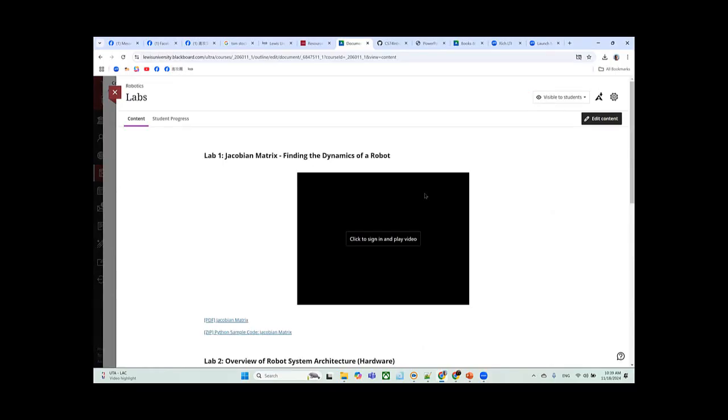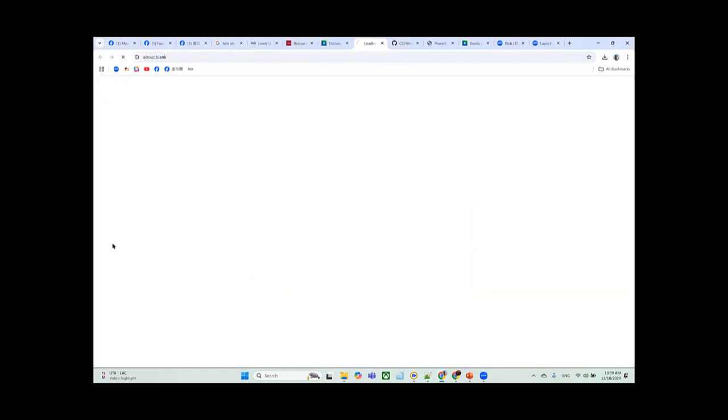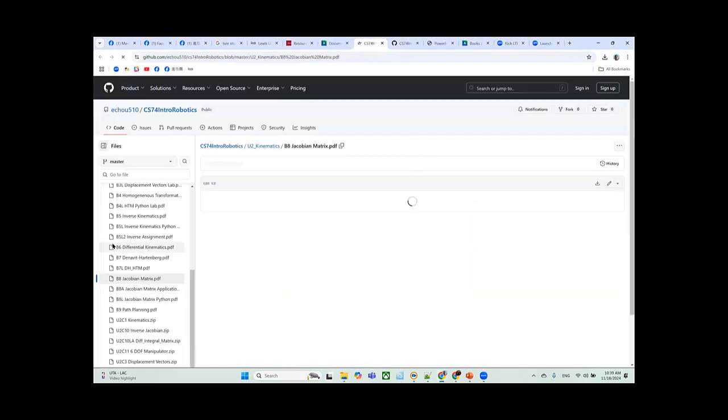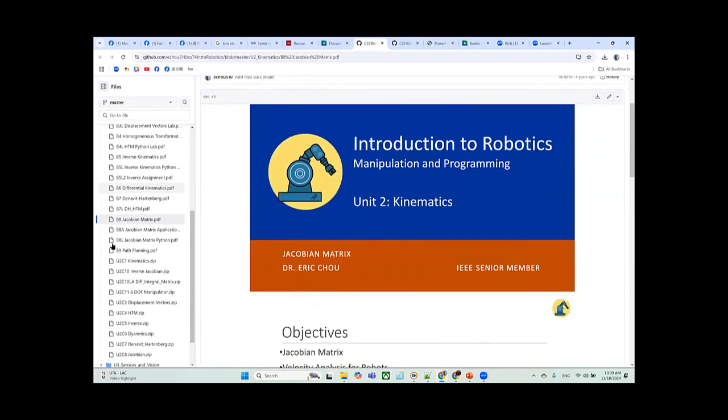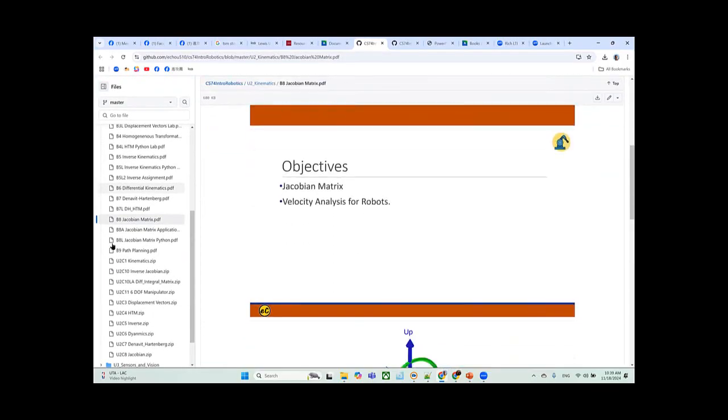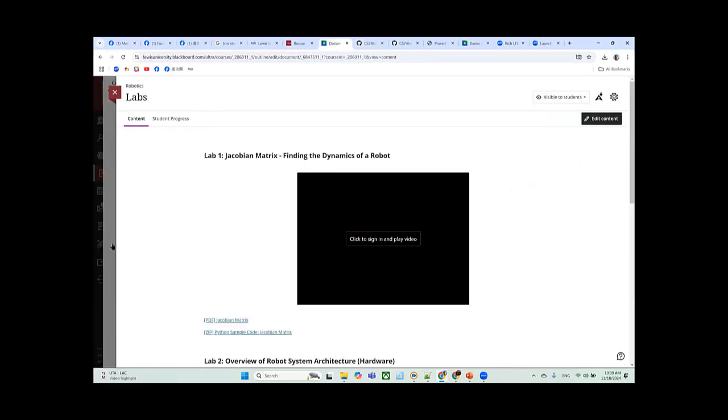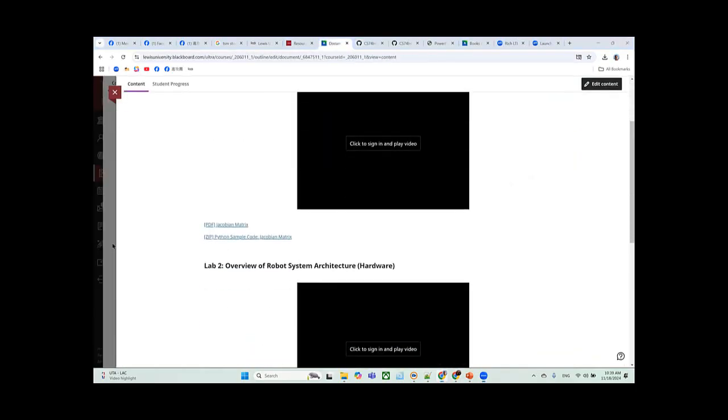Okay, so this one shows you how the Jacobian matrix is calculated. And there is a PDF that you can download. Okay, this is the Jacobian matrix slides that I just showed you right now. And then there is also Python code you can download right here.